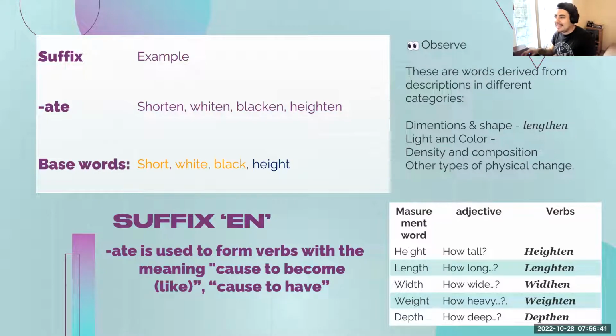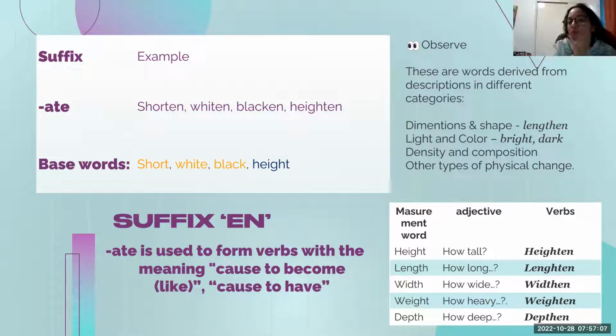Talking about light and color, we have, for example, if something is not bright, if something is not dark, or the colors that you mentioned. If you want to make something bright, you need to lighten.